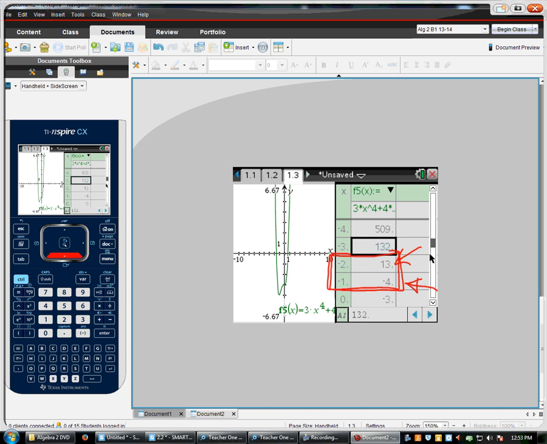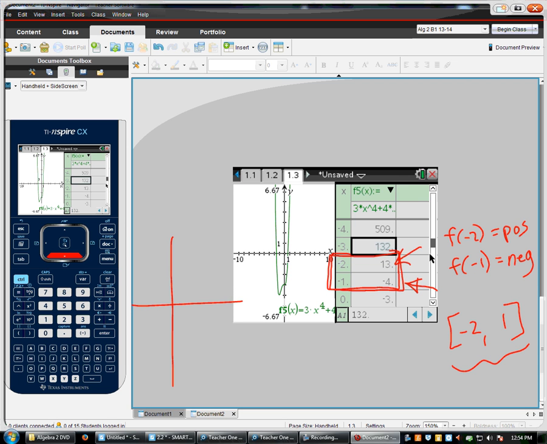Because f of -2 was positive, equals a positive number, and f of -1 was a negative. So what had to have happened between -2 and -1? What happens in this interval? A zero of the function. Thank you, Mara.